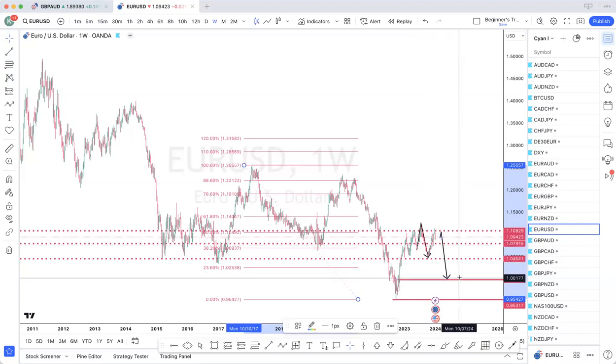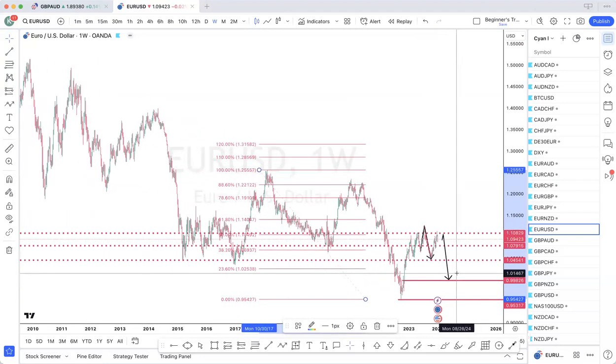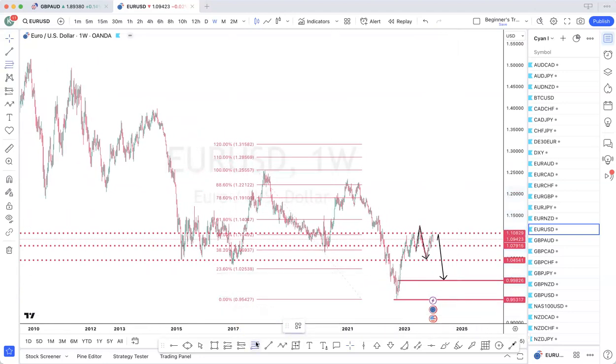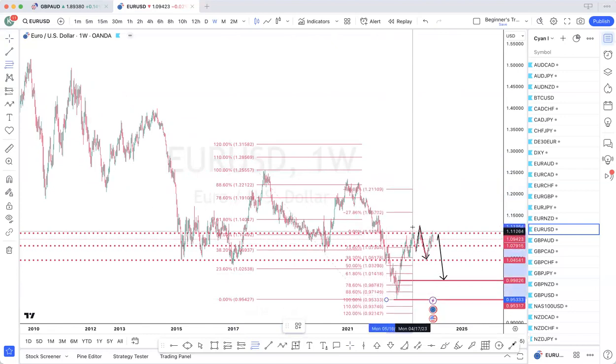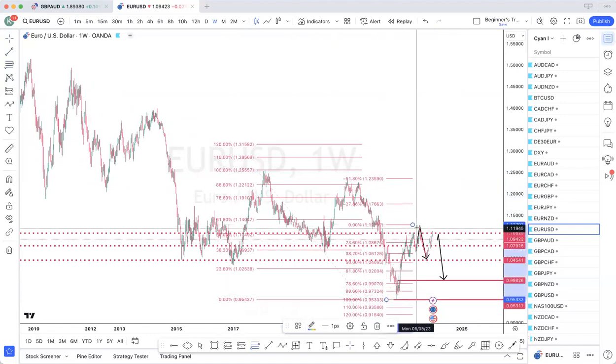So this could come here, and on that fib, and then the fib from here to here.